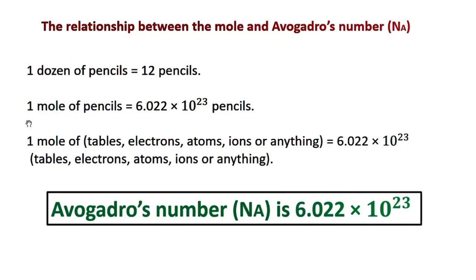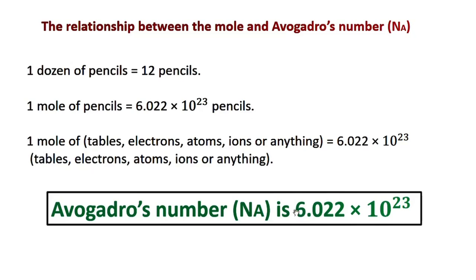So if I have 1 mole of pencils or anything, 1 mole of tables, electrons, atoms, or anything, I have 6.022 times 10 to 23 tables, electrons, etc. This is called Avogadro's number, 6.022 times 10 to 23.